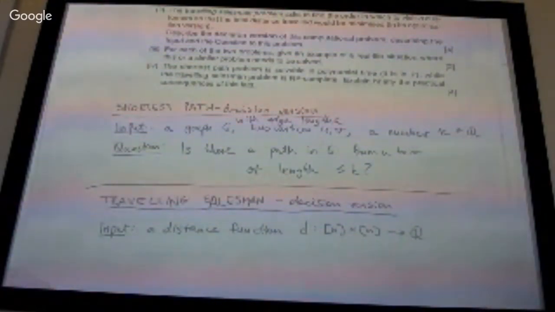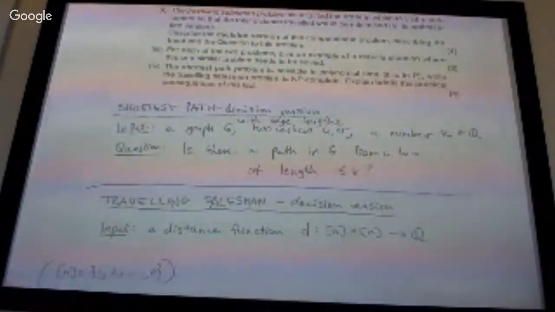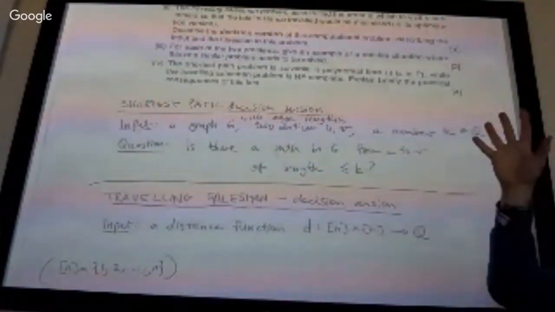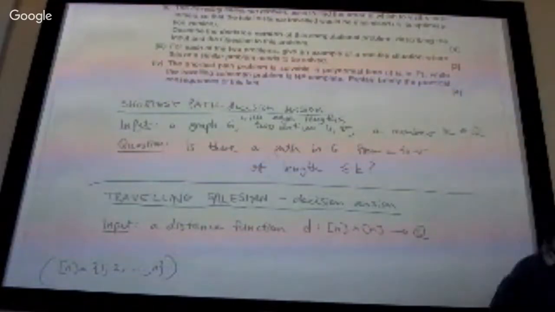So you have n places somewhere. Between any two of them, you know the distance or the time it takes to travel from one to the other. And a rational number K again. Okay, that's the decision version.